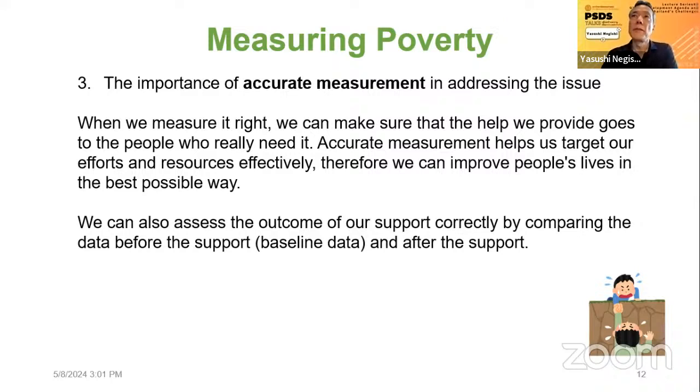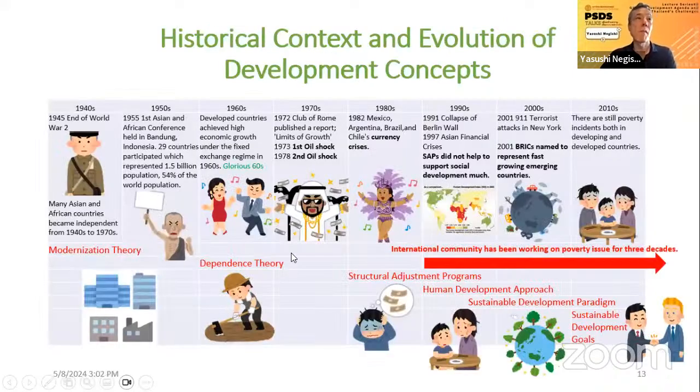Therefore, we can improve people's lives in the best possible way. We can also assess the outcome of our support correctly by comparing the data before the support and after the support. So correct measurement is very important for providing support and assessing the actual situation.